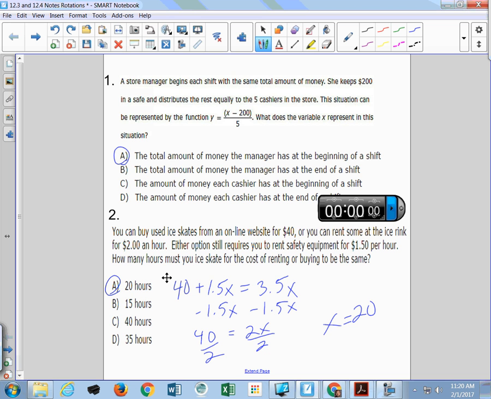All right, trade homework. Pass it to the person behind you and get ready to grade homework. You have about 2 minutes. Let's make that a minute.